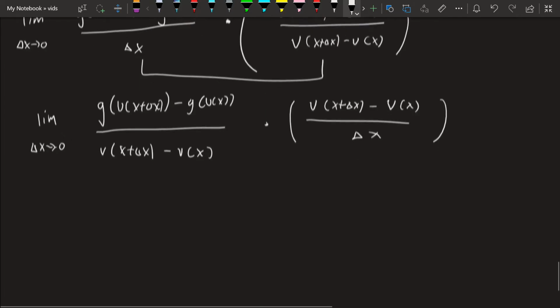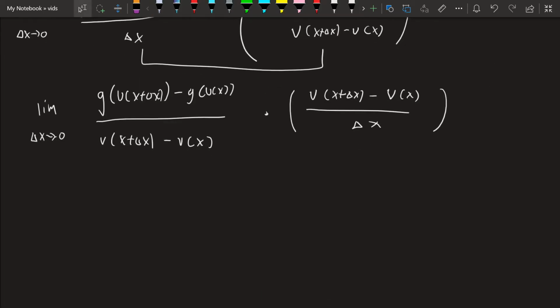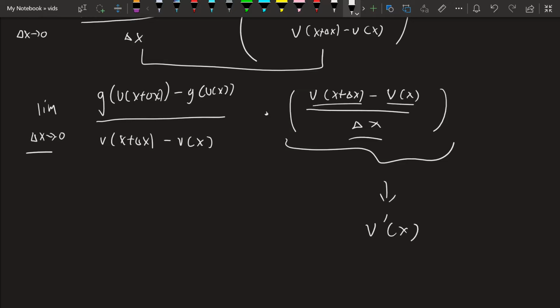I just swapped denominators. Well, you can see what this just allowed us to do. What does this mean when there's a limit present? This just means v prime, right? v of x plus delta x minus v of x over delta x with the limit as delta x goes to 0. That's just v prime of x, right?